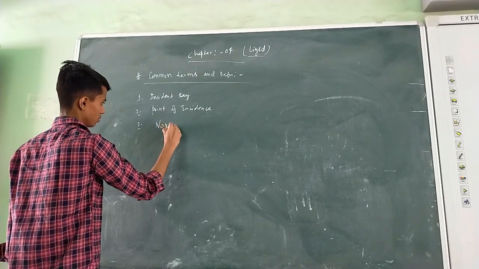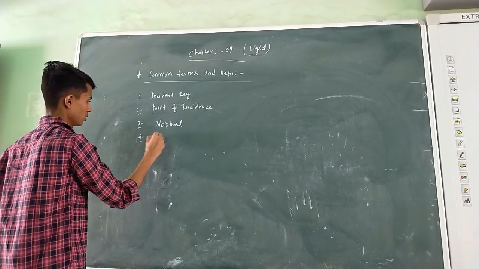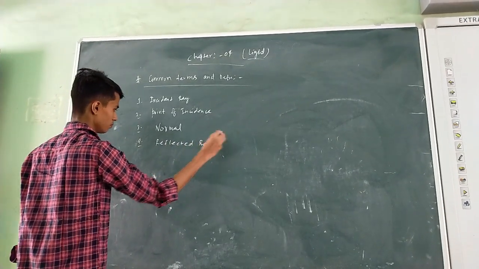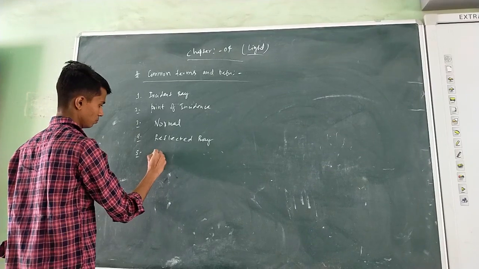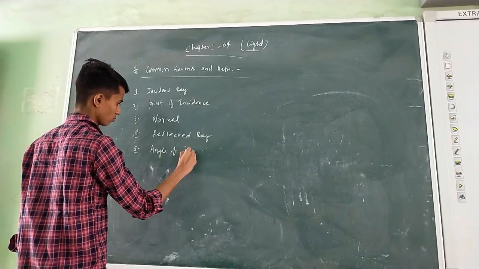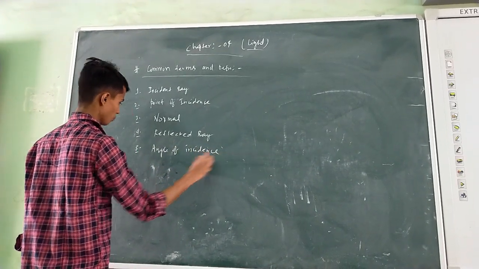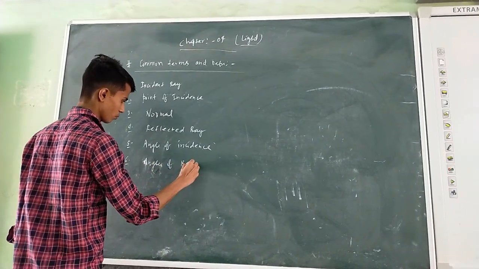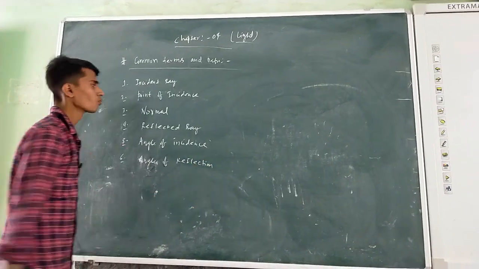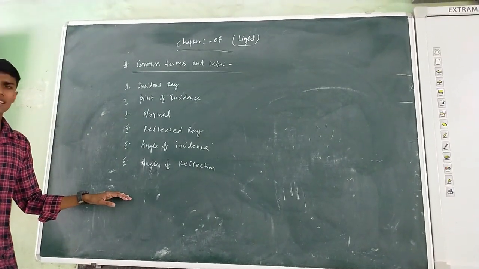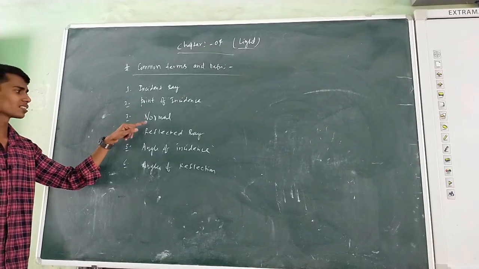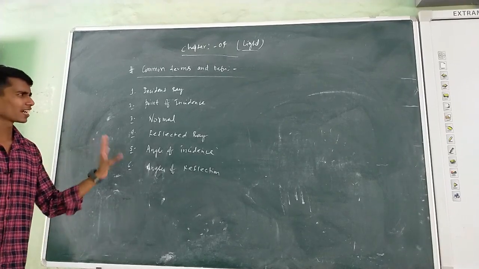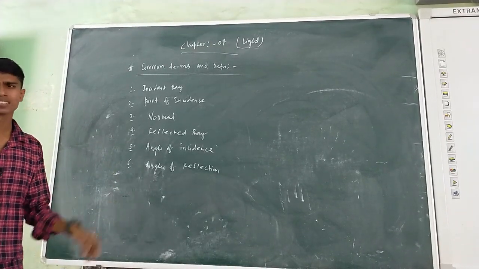Then we will study normal. Let's go through these six definitions related to light: incident ray, point of incidence, normal, reflected ray, angle of incidence, and angle of reflection. Quite common, but they are included in the syllabus. I will go through them.